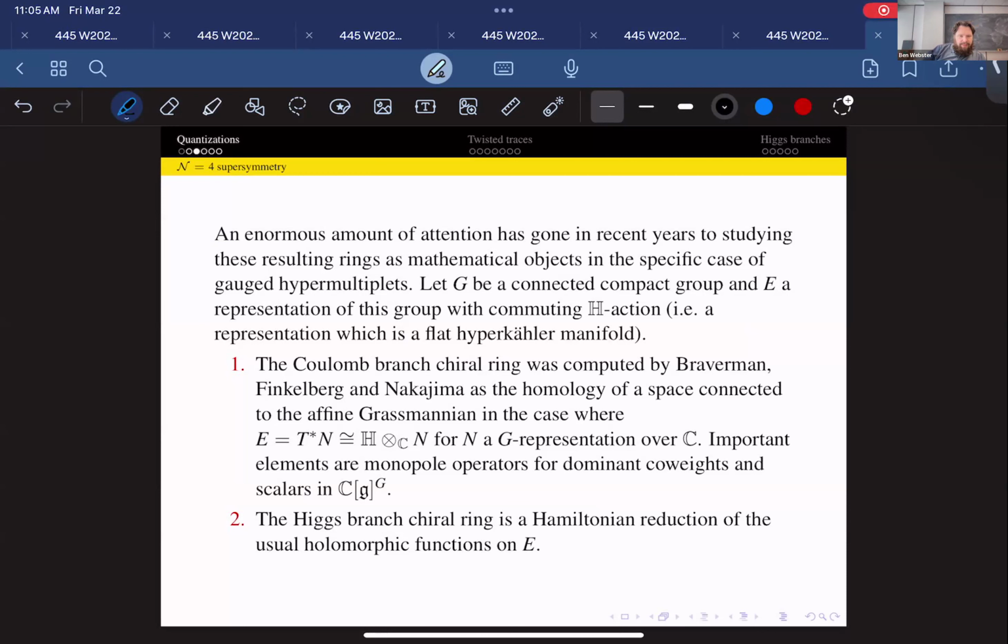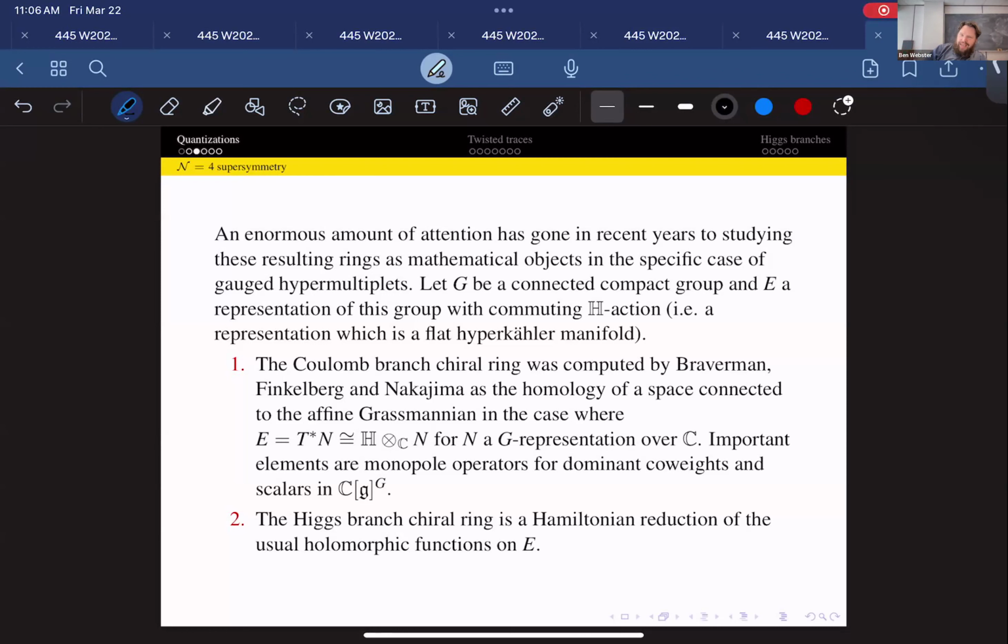So in the Coulomb branch chiral ring, in an important special case, when you have one of these flat hyperkähler manifolds with a compact group action, there are two possibilities. One possibility is that you're the cotangent bundle of a complex representation. Or you might not be.